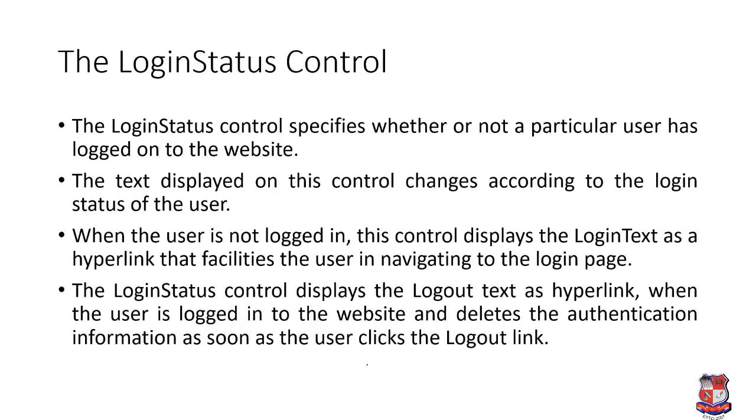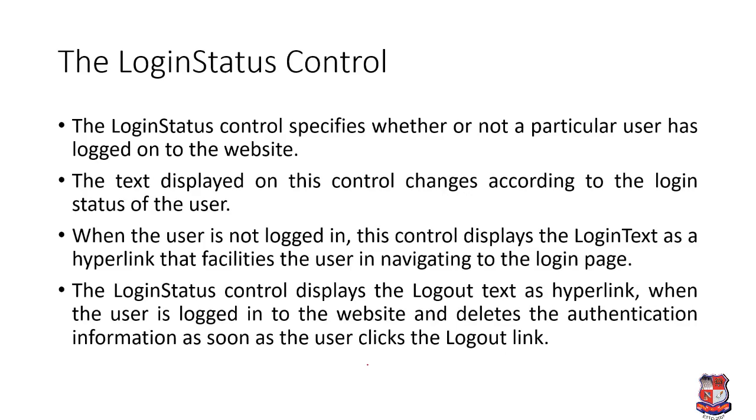Now we'll start our next control, that is login status control. The login status control specifies whether or not a particular user has logged on to the website. The text displayed on this control changes according to the login status of the user. For example, we have many a time experienced a control like login.